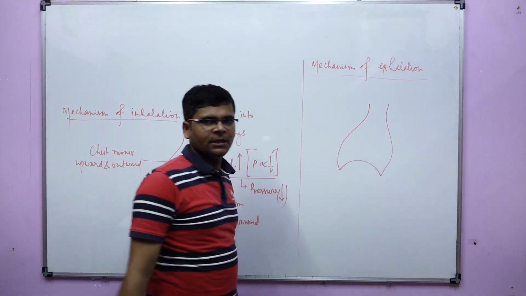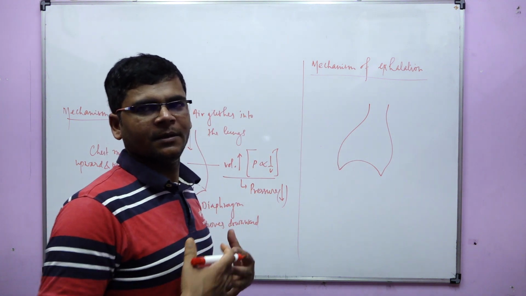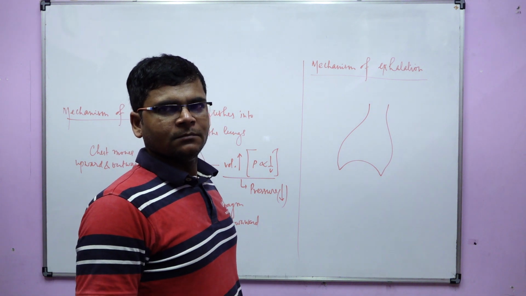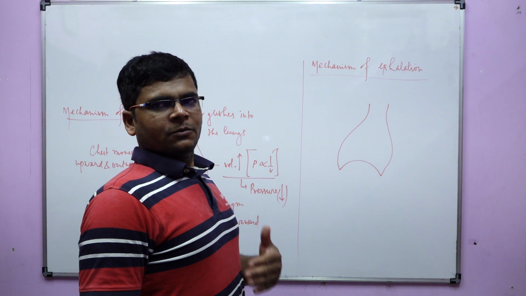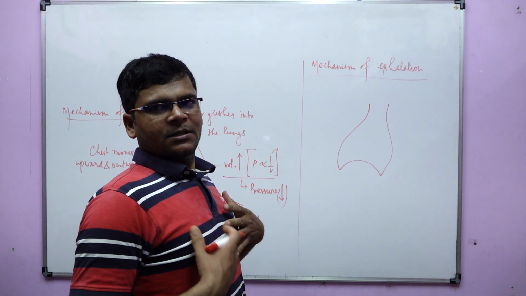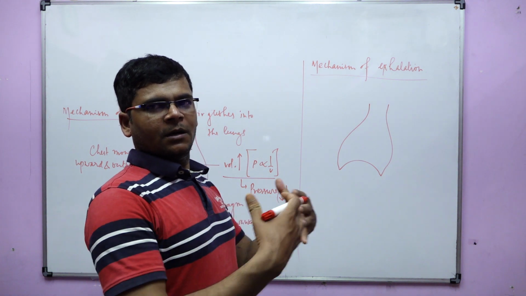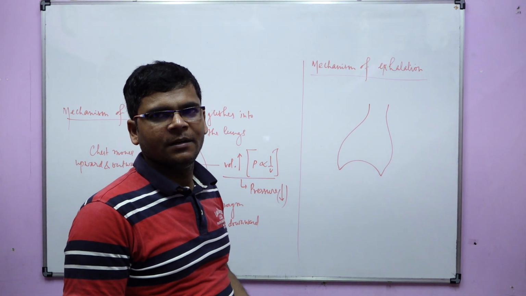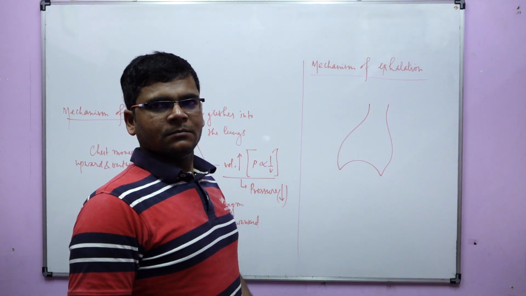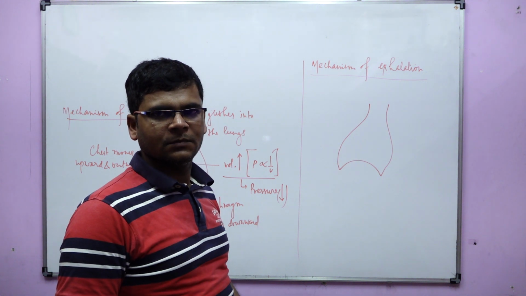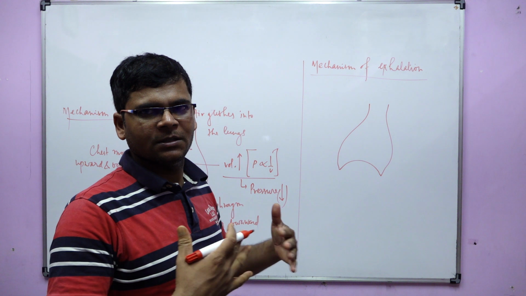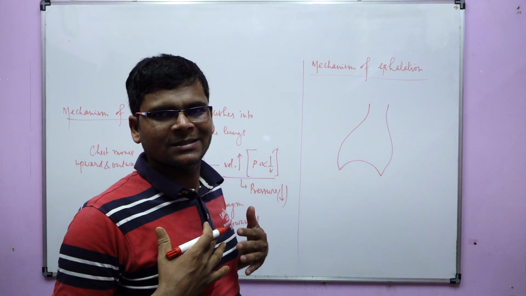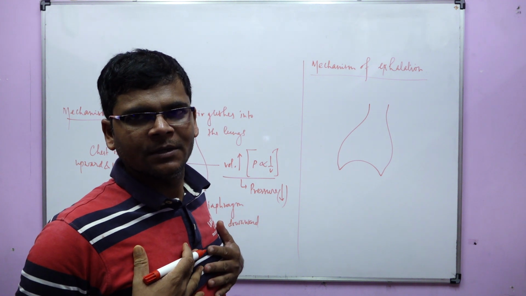So during exhalation, you just see the way I am demonstrating to you. When I am taking in air, chest is expanding, moving upward and outward. When I breathe out air, you must have observed, chest is coming to its normal position, moving, let us say, downward and inward.